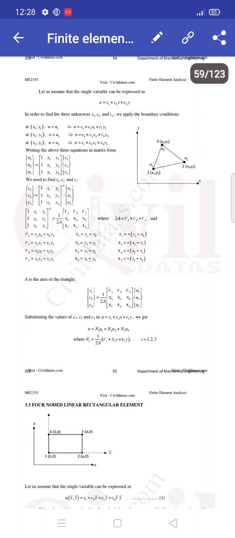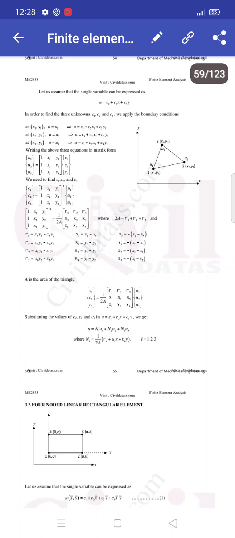So c1, c2, c3 is equal to the inverse of the matrix 1 x1 y1, 1 x2 y2, 1 x3 y3, times u1, u2, u3. In terms of the inverse, we can write this as 1 by 2A times the matrix of r1, r2, r3, s1, s2, s3, x1, x2, x3, where 2A is equal to r1 plus r2 plus r3.